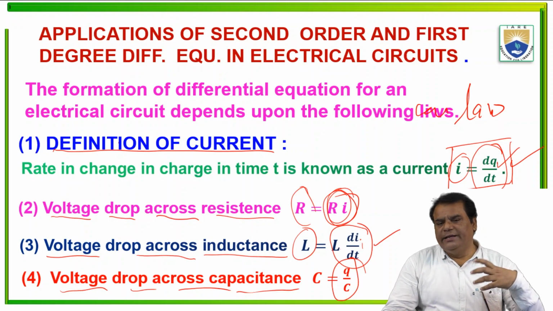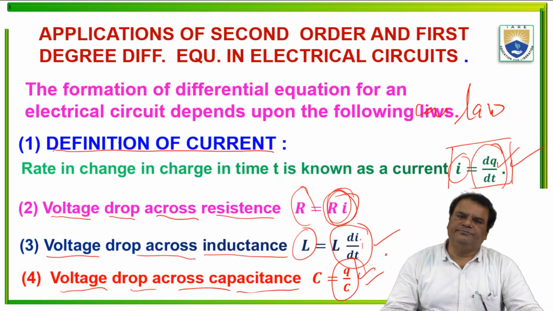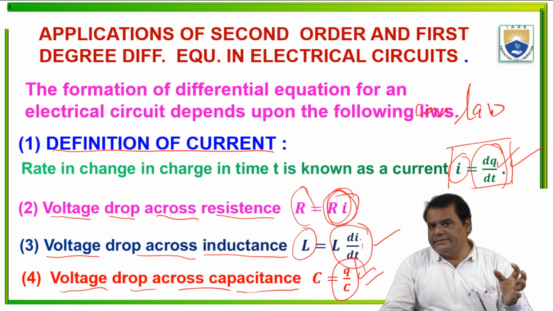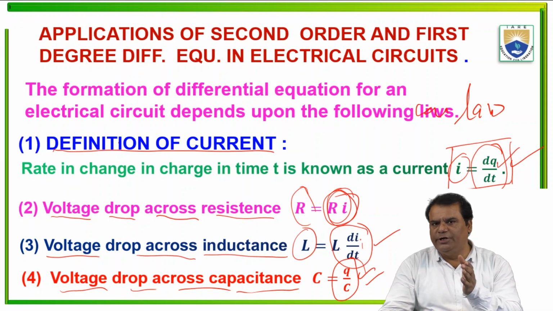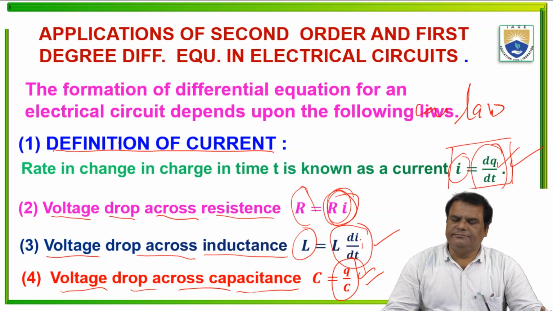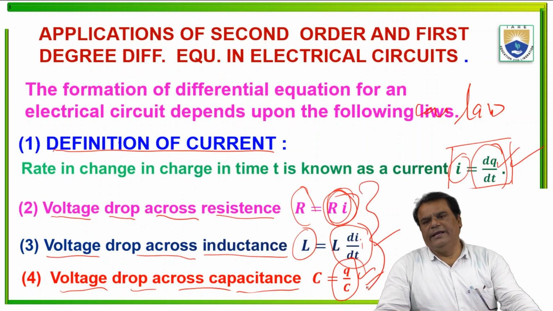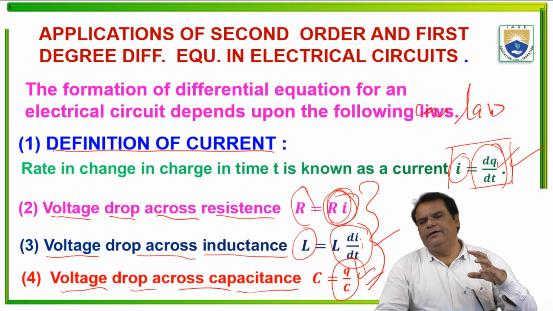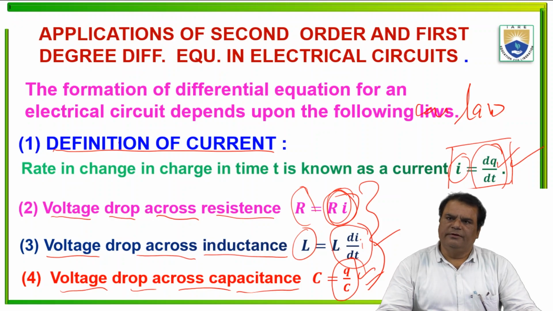At last, a voltage drop across any capacitance, we write Q upon C. So for capacitance we write Q upon C, for inductance we write L into di over dt, and for resistance we write R into I. These three are very important terminology in any circuit which we use to make a differential equation.